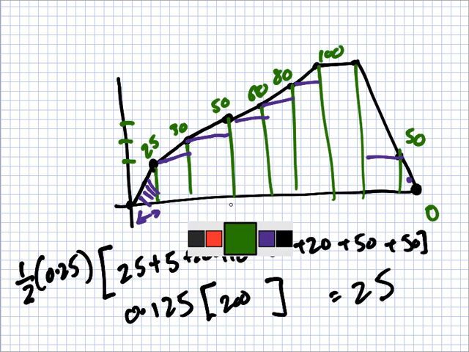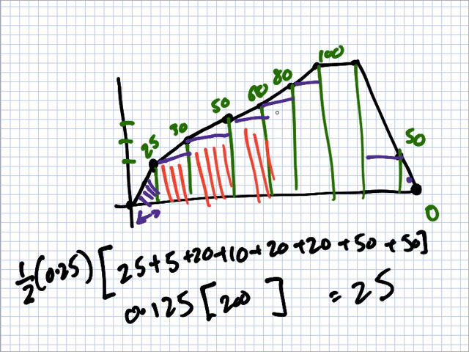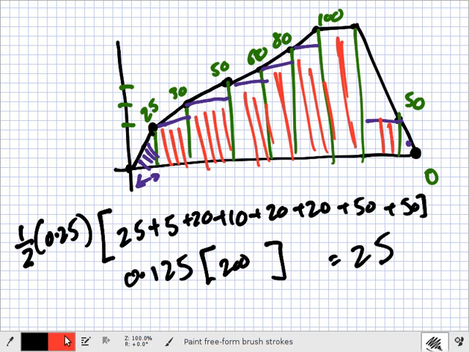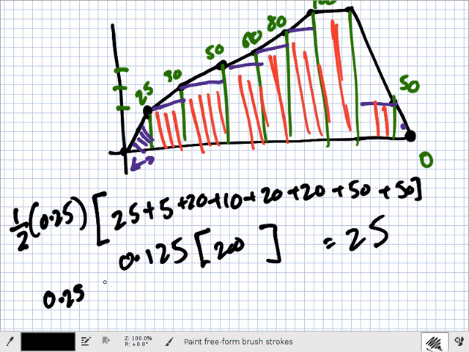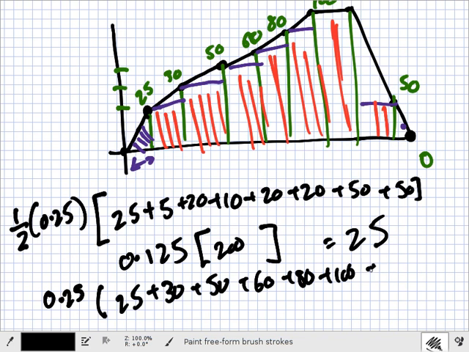Now that's only the triangles. We still have to add up these rectangles, don't we? But again, the base is the same, isn't it? So I could just do my same trick: base times height. What's the first height, the first red rectangle? 25. The next one? 30, 50, 60, 80, 100, 50.